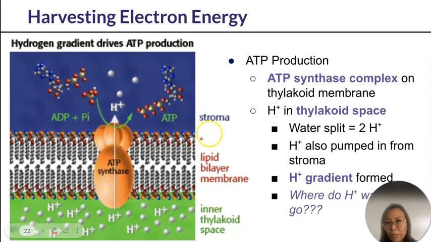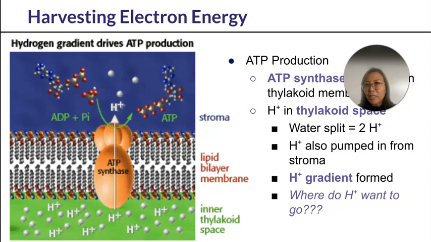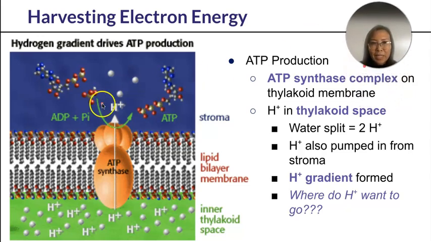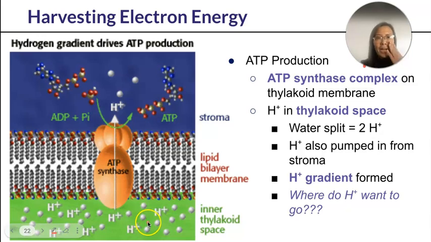It's not really a pretty picture, but it's one that I found, and I feel like it kind of explains that you can see there's a lot of buildup of hydrogen ions in the thylakoid space. All these hydrogen ions are like, get me out of here, I need space, and they want to be pushed into the stroma. So all that potential energy is building up.